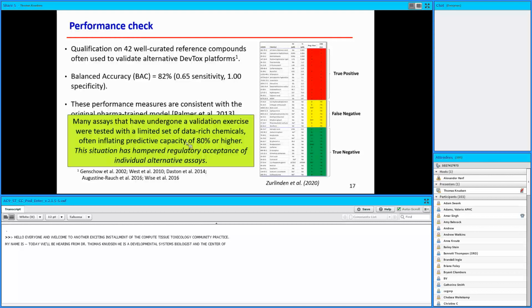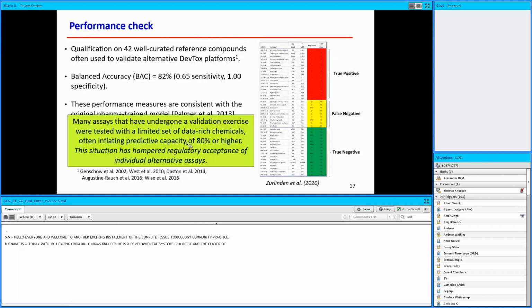Some folks tout getting up to 90% accuracy with this or with other stem cell platforms. But many of the assays that have undergone validation exercises have been tested with really only a limited set of very data-rich chemicals. And so it's often true that when those data-rich compounds are expanded to broader landscapes of chemicals, they don't see that very high predictive capacity.